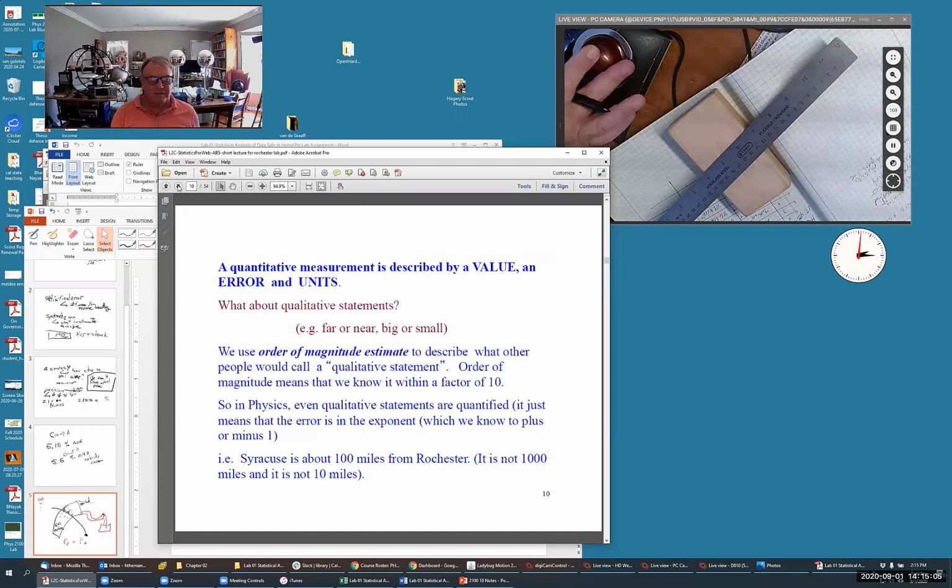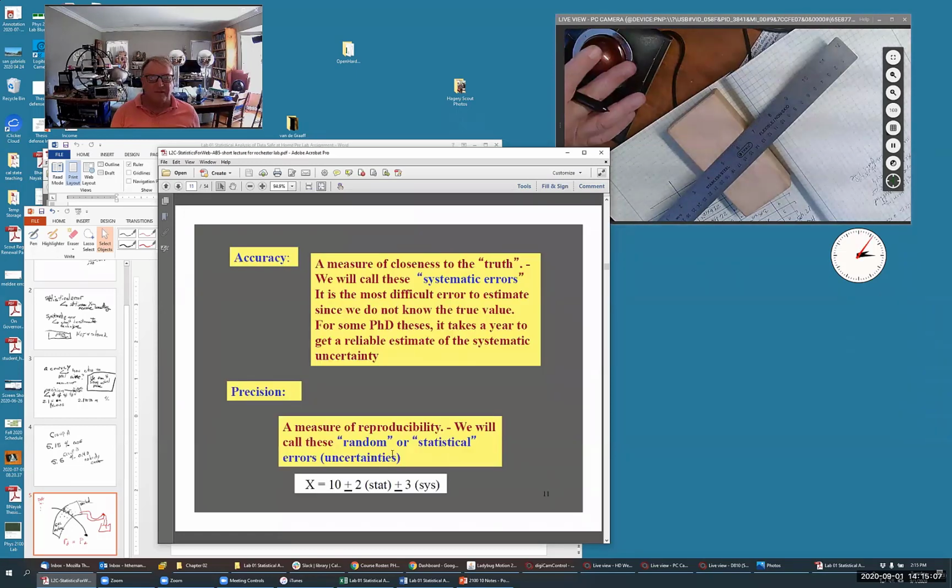And then let's see. Oh, right. You guys won't get into it, but you quote a statistical and systematic error depending upon what kind of experiment you're doing. Accuracy is closeness to the truth, right? And then precision is a measure of reproducibility.